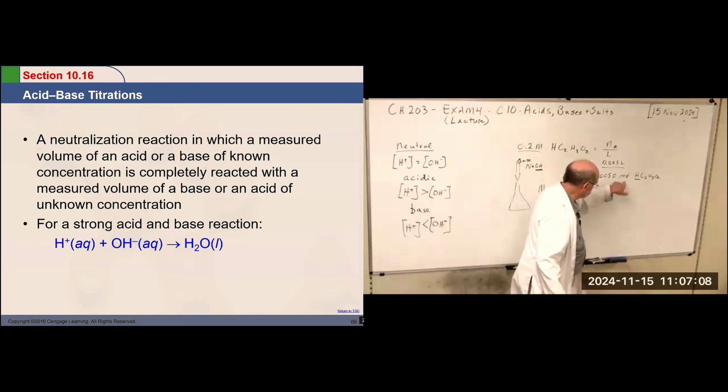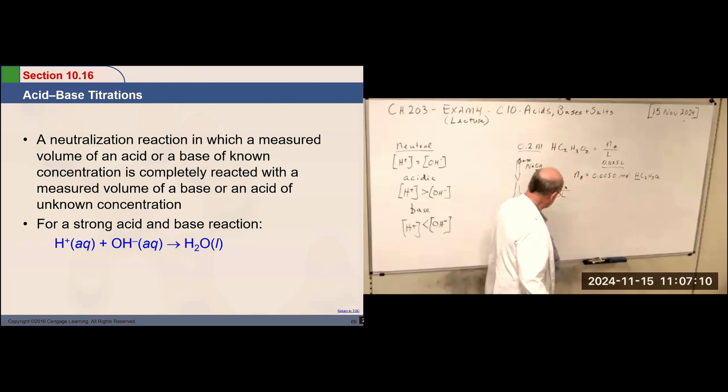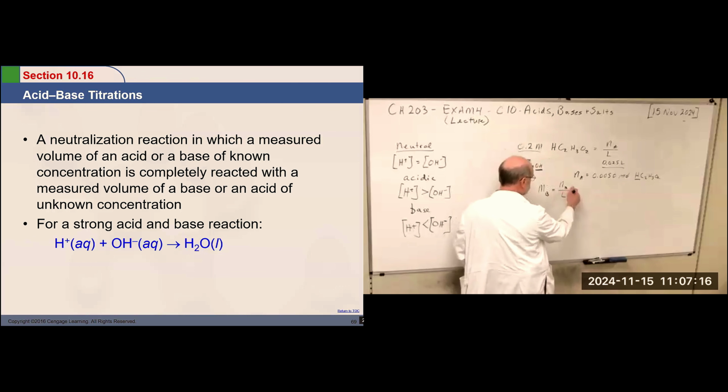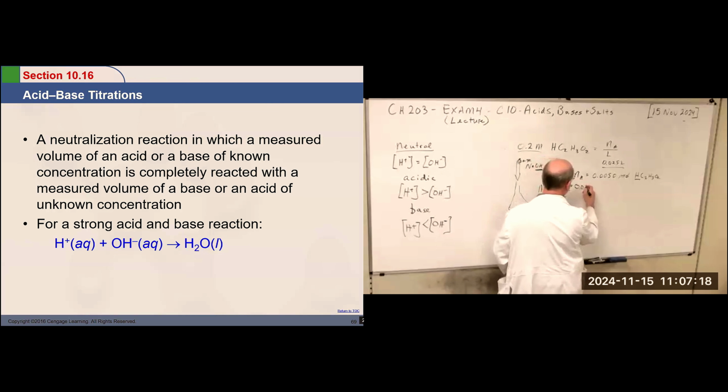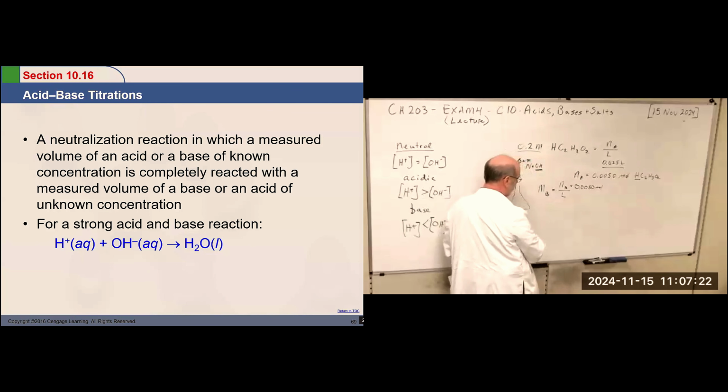So if we know we have this many moles in our container, and we add enough volume of base to equal that, then this value here is also going to be 0.0050 moles. And we know the volume that we added.